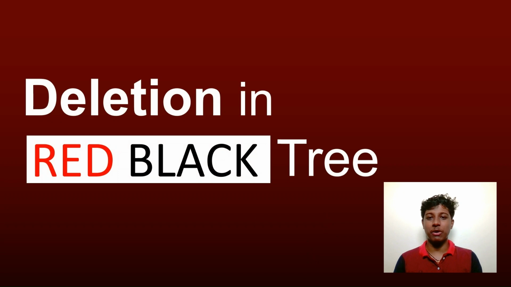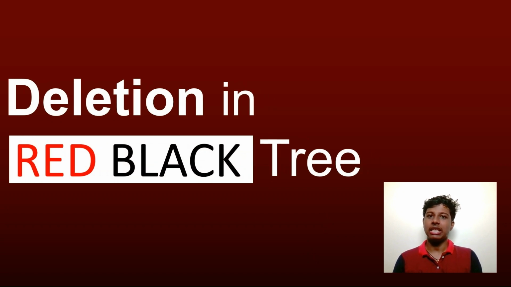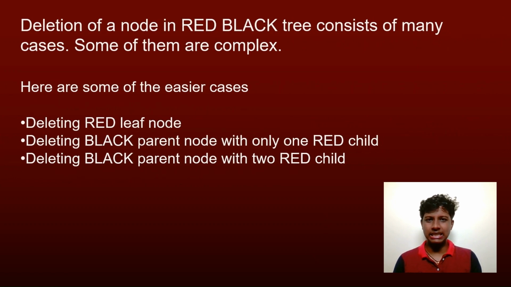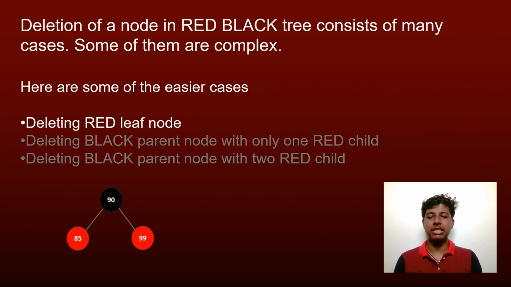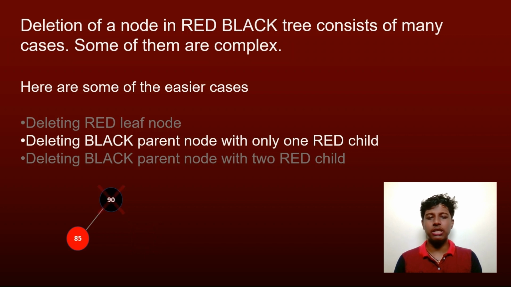Let us look at deletion of a node in a red-black tree. In deletion of a node in a red-black tree, there are various cases. But here we will be looking at only 3 of them. The first is about deletion of a red leaf node. The second case is about deletion of a black node with only one red child.